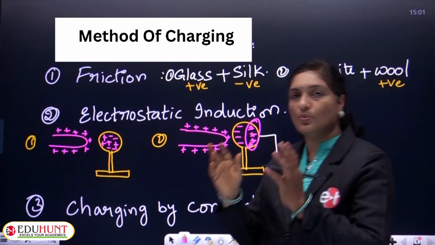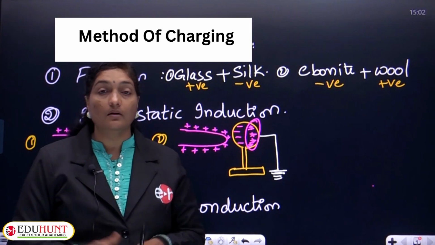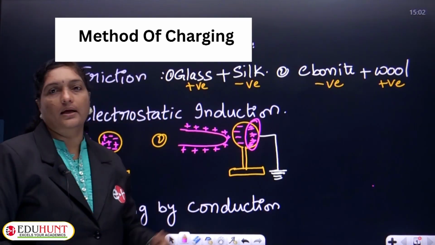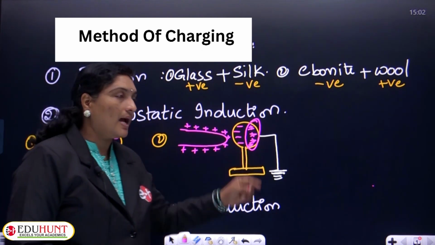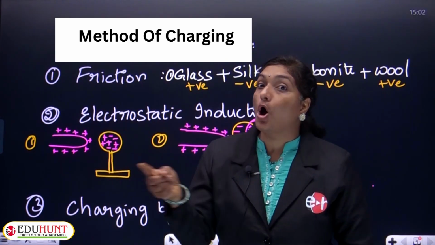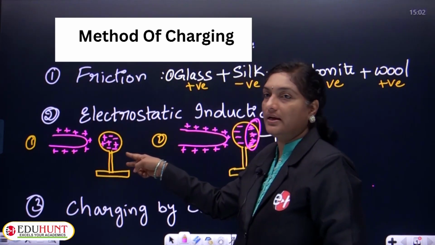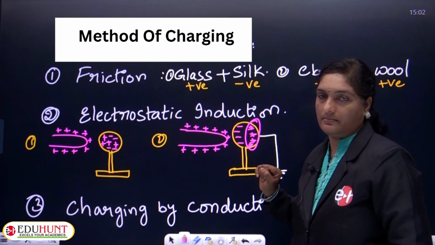So, one thing is very clear: by the method of induction, whenever a charged body is brought nearer to an uncharged body, opposite charge is induced in the uncharged body. Because the positive charge is brought nearer, negative charge is induced in this conductor.